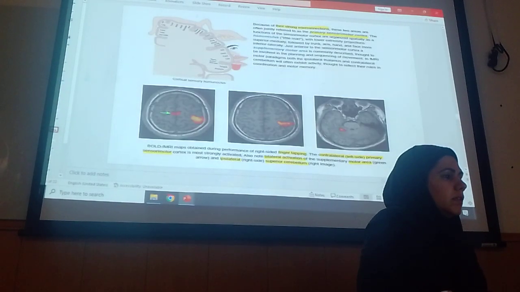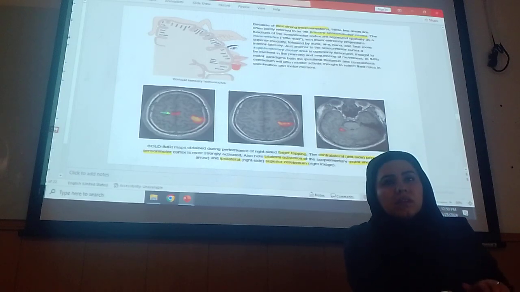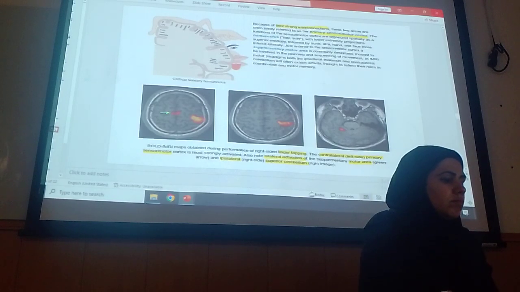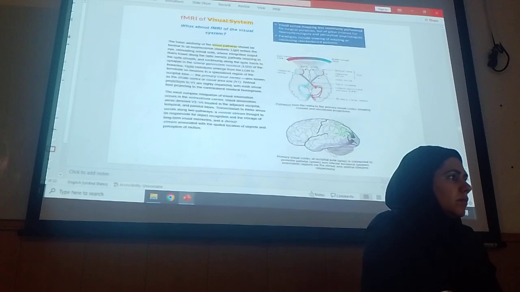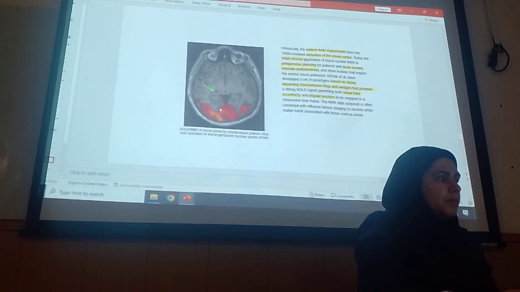Functional MRI is performed in different centers in Tehran. Visual system mapping. In some cases, surgeons want to know about the areas of the brain involved in visual activation.